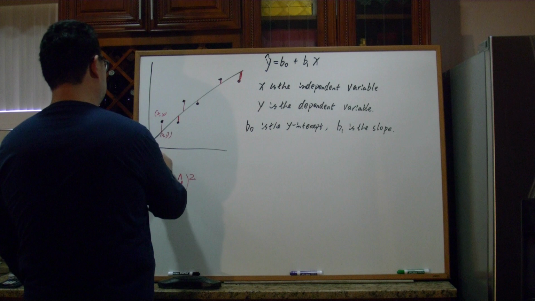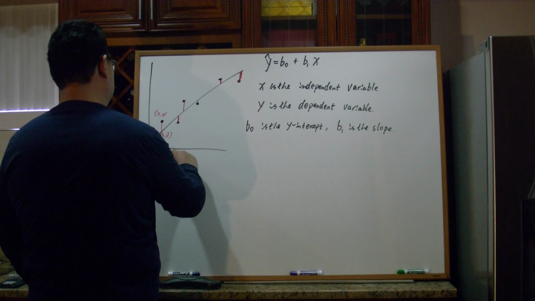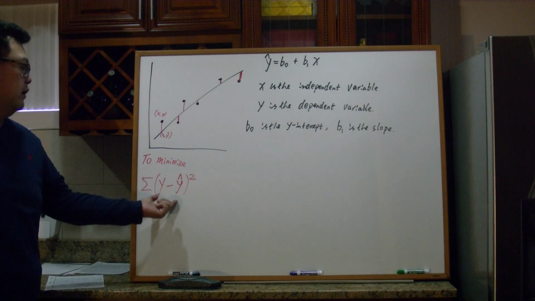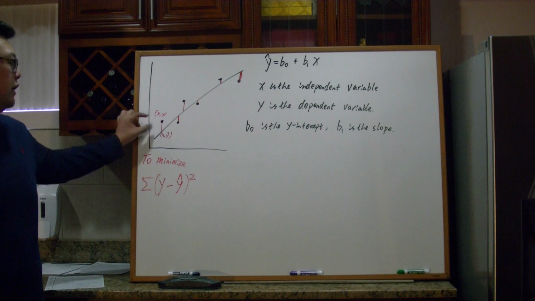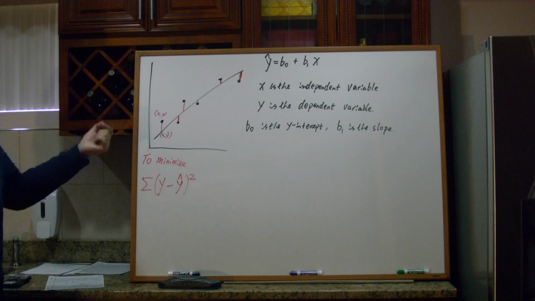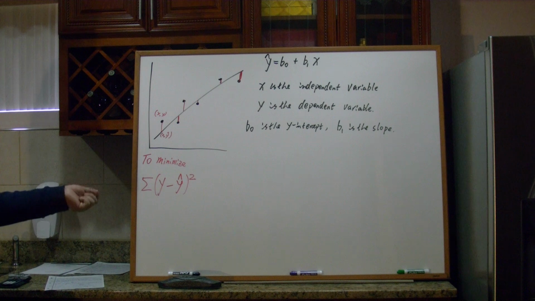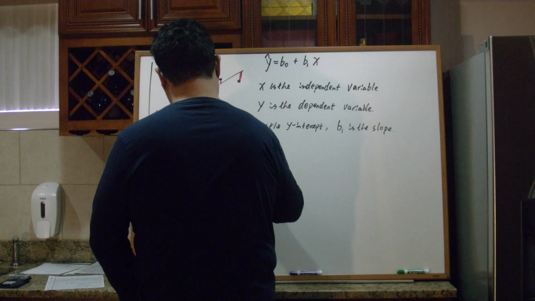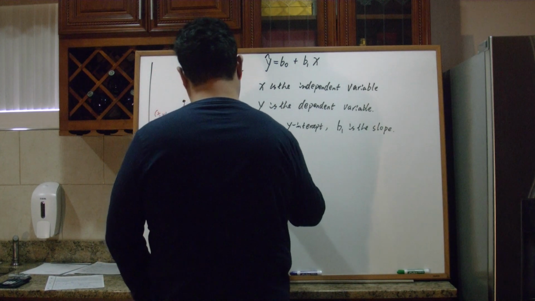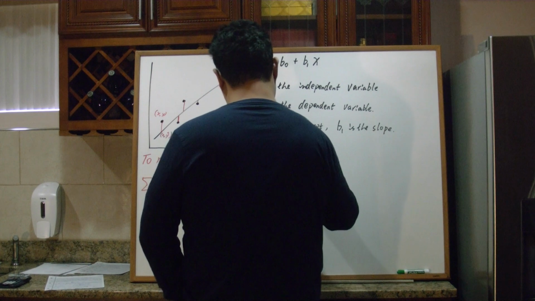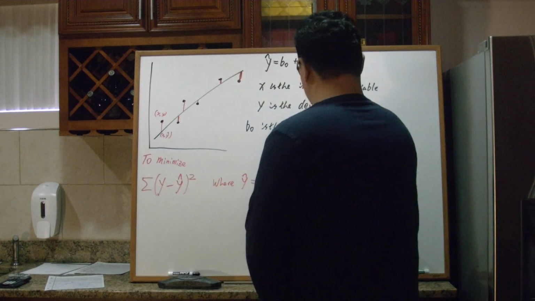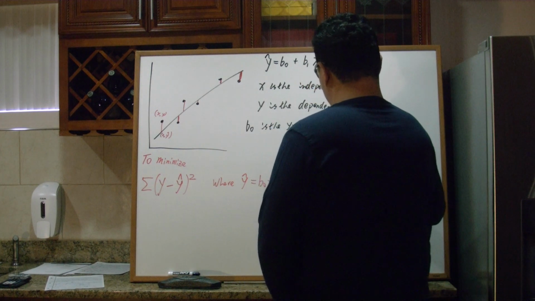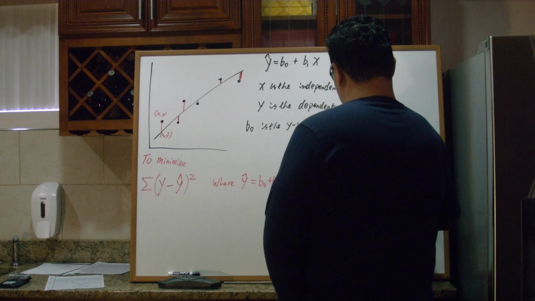Right, so what we need to do is to minimize this sum of the square of the residual. The residual is the difference between the data value and the predicted value, where y hat is b0 plus b1x, and the variables are b0 and b1.